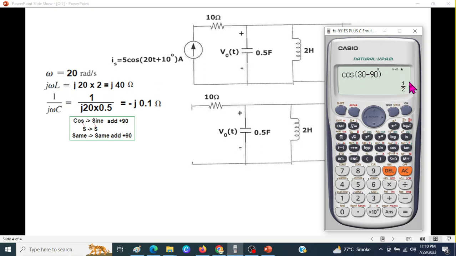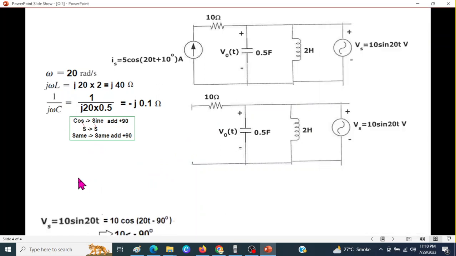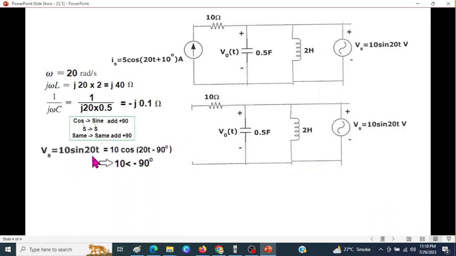So it is the same, half. Therefore, from sine to cosine, you have to subtract 90. Okay, so 10 sin 20t will be 10 cos(20t minus 90). And now from cosine terms, we can write directly in phasor. So it will be 10 angle minus 90.